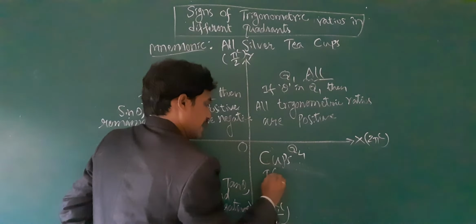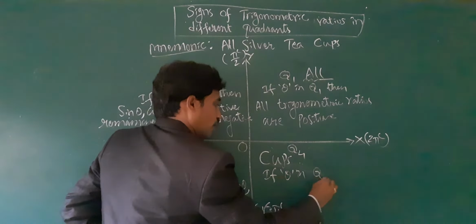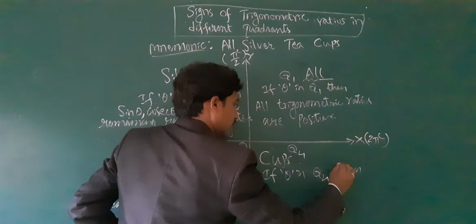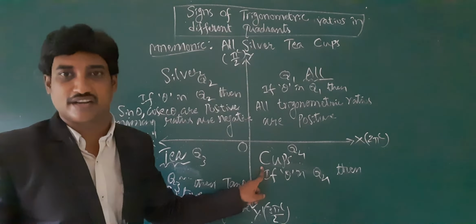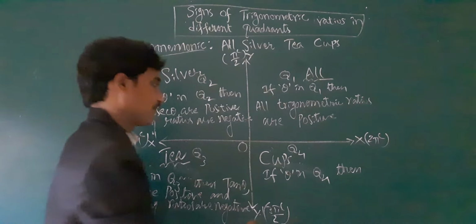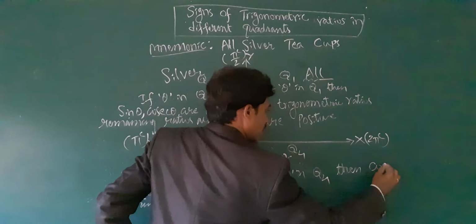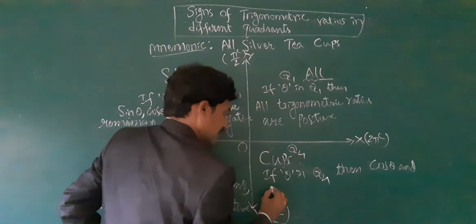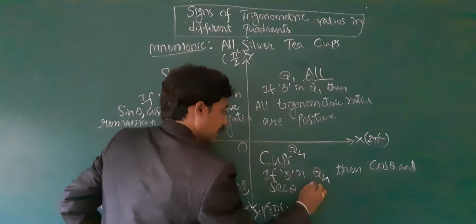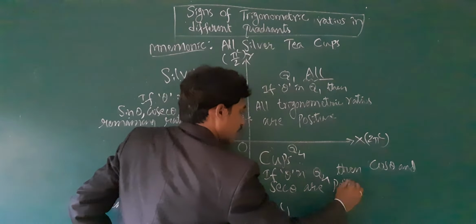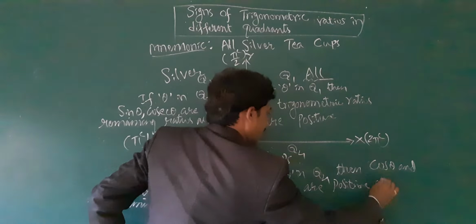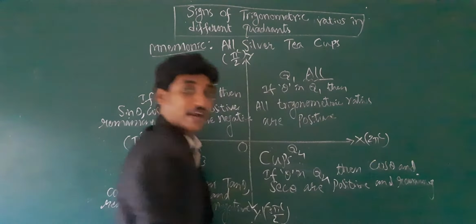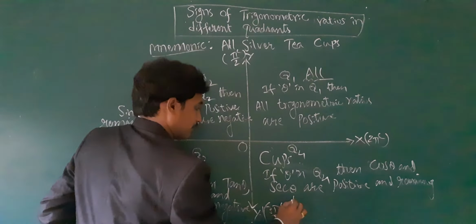If theta is in Q4, fourth quadrant, then cos theta and its reciprocal secant theta are positive and the remaining trigonometric ratios are negative.